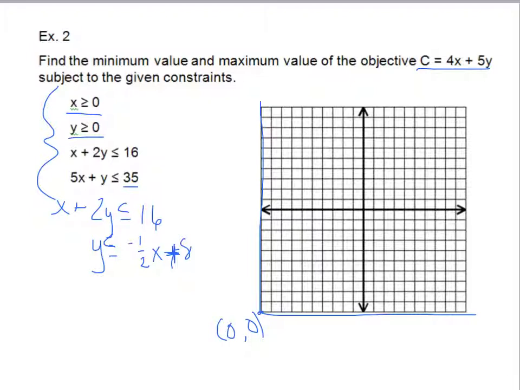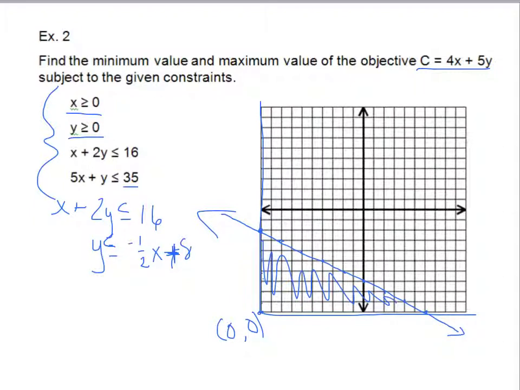I'm going to go by ones. So up 1, 2, 3, 4, 5, 6, 7, 8. Down 1 over 2. And again, I'm plotting as many points as I can because it makes finding those vertices so much easier. Solid line, it's less than, so I'm going to shade below.